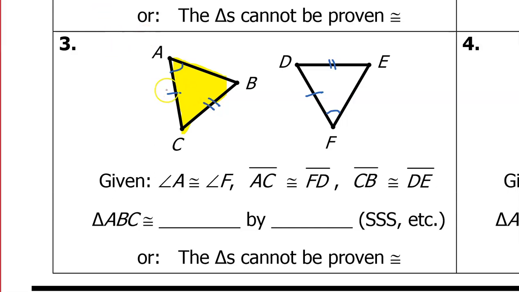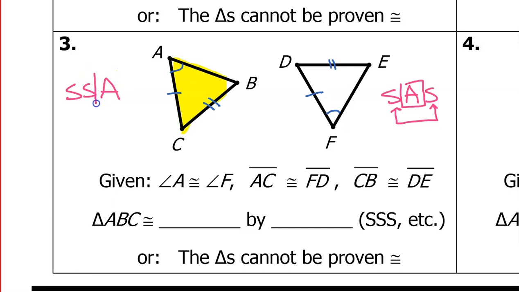What do we have? I see that we have two sides and an angle. So that means this is either a side-side-angle situation or it's side-angle-side. The difference is it'll be side-angle-side if the angle is between the two sides.